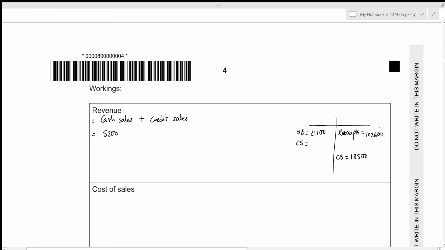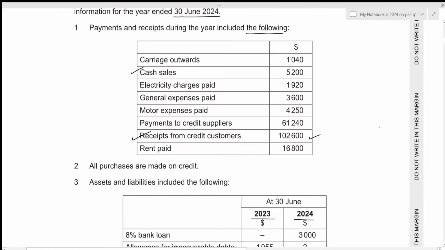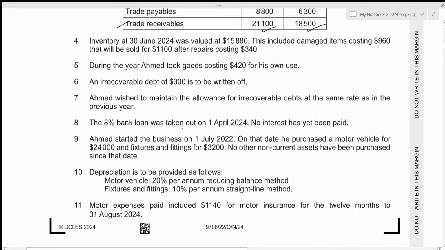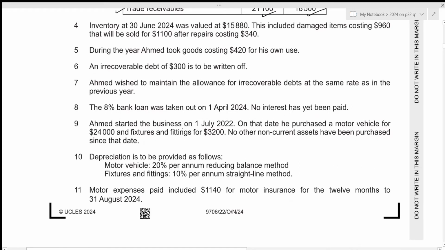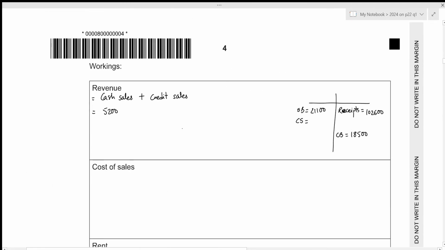If there is any sort of discount, any sort of irrecoverable debts, we need to include that as well. Let us look for those. So in this case, we have electricity, general expenses, motor expenses, rent paid, payment to credit suppliers. Okay, I don't think we have any information regarding any sort of discount. So that should be all in order to calculate our credit sales.